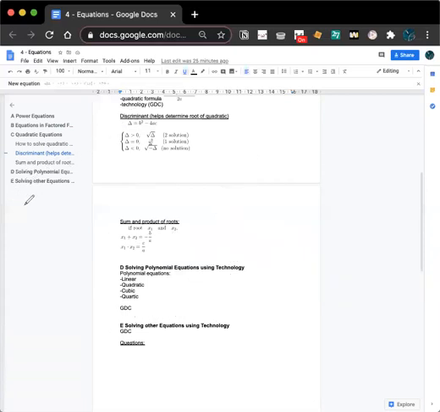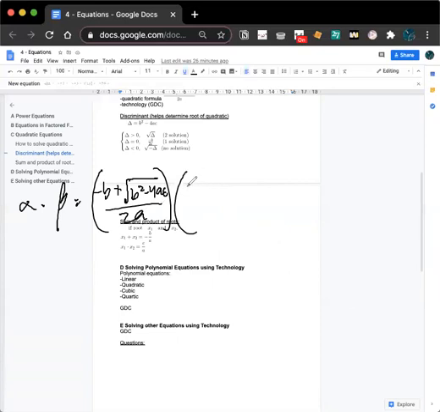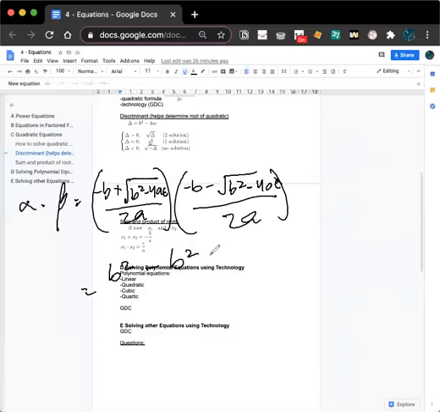So if you have alpha times beta, you're going to have minus b plus the square root of b squared minus 4ac over 2a times minus b minus the square root of b squared minus 4ac over 2a, and that would result in b squared minus b squared minus 4ac, because let's just assume that this is like one variable.